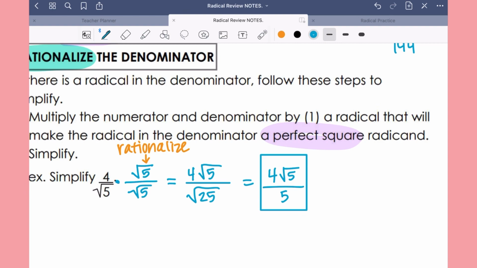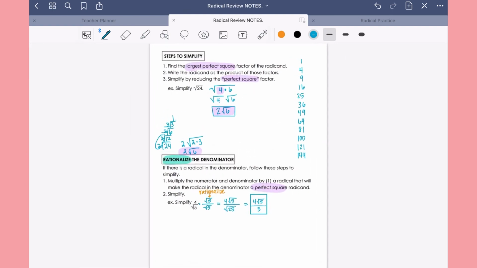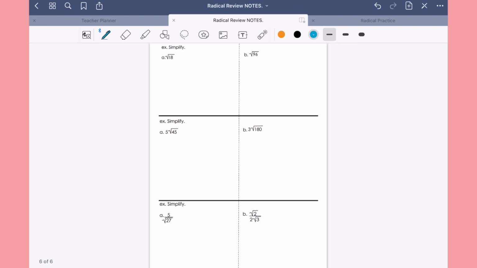All right. So for you, you have 6 problems to work on. You can work individually or with a partner or come see me if you need help. But these 6 problems, you should be able to do all of them. The first 4 are going to be just simplifying the radicals.